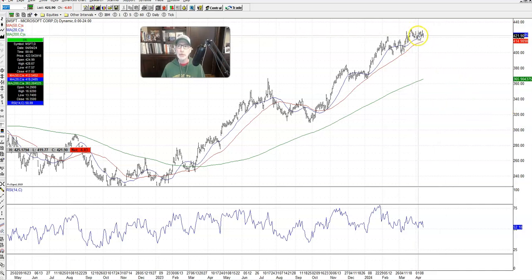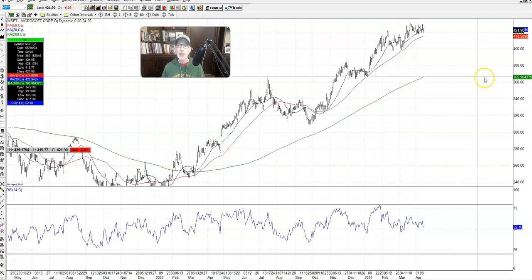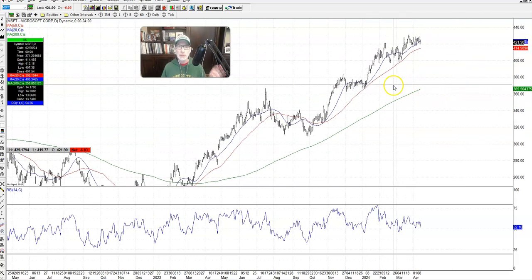But look how Microsoft has stayed up here. Just a little bit of sideways action, did not have the selling that came in for the rest of the market. So that also means when everything else is down and a stock's going sideways, it's a really, really strong stock. So Microsoft, still one of my favorite stocks for continued bullish action.